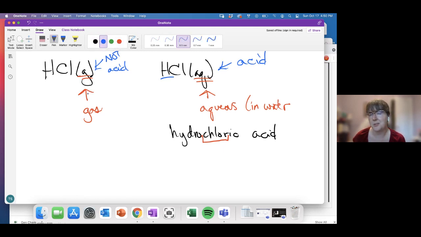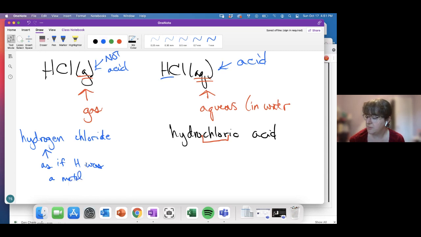The gas is a little bit strange because we often name things with hydrogen in them as if they were ionic. So this is actually hydrogen chloride. So we actually often treat this as if hydrogen was a metal.